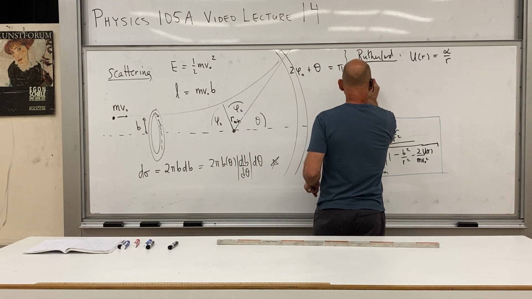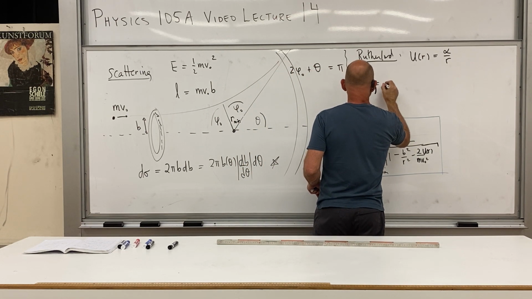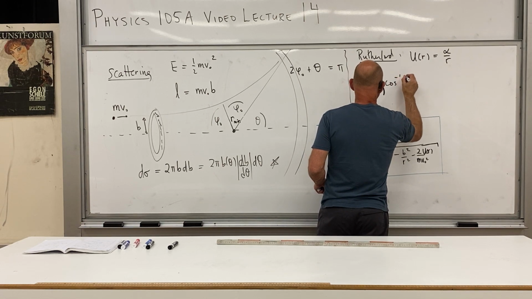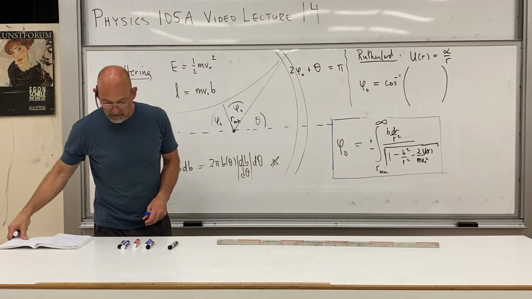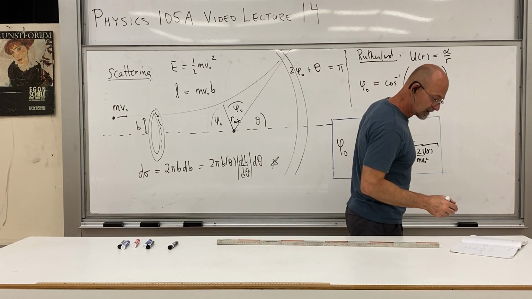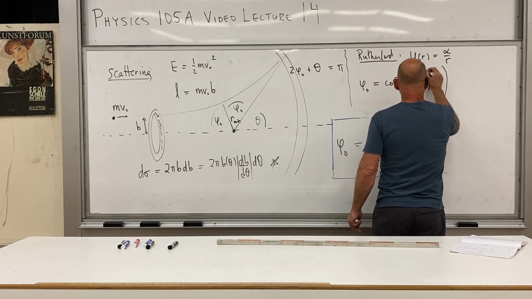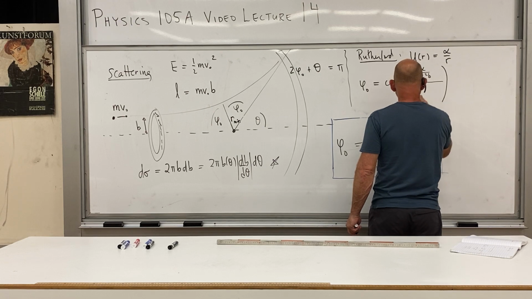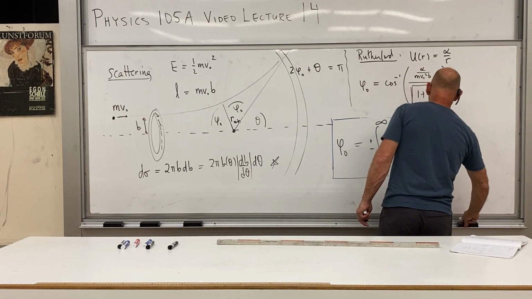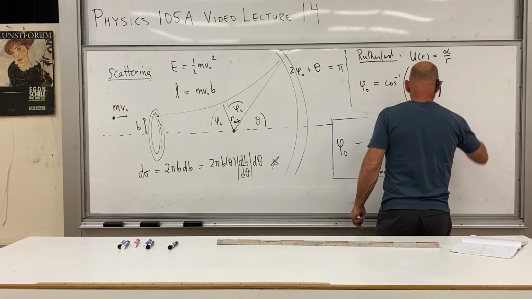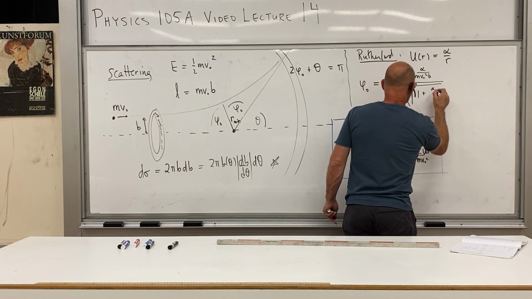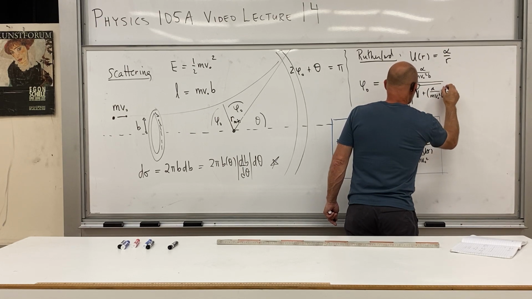And what we find is phi0 is equal to the inverse cosine of alpha over m v naught squared b, over the root of 1 plus alpha over m v naught squared b, the quantity squared.